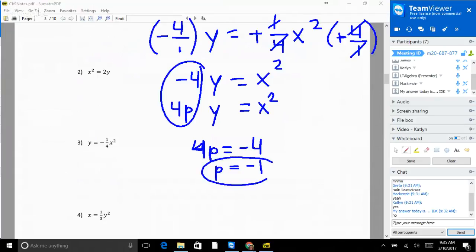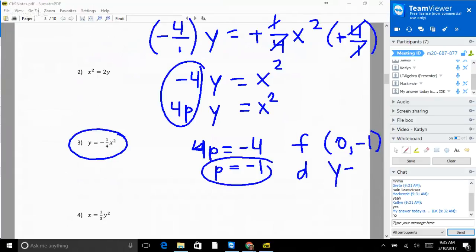All right, so without graphing it, this is what I'm trying to do. I know that my focus is going to be at (0, negative 1). And that means my directrix is going to be at y equals positive 1, because the negative of negative 1 is positive 1. And my axis of symmetry is going to be the y-axis.